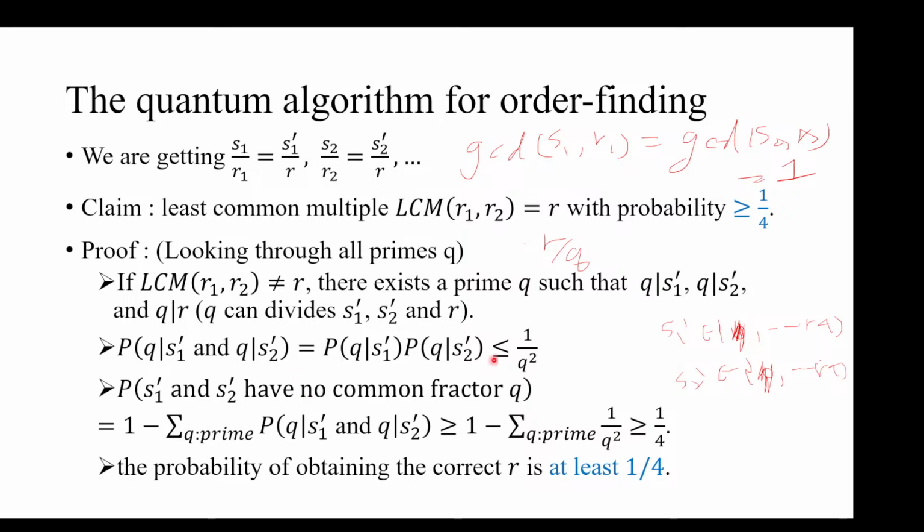And then we already proved that this probability is less than 1 over q squared, so that's less than the summation over q being all the primes of 1 over q squared. And then you can, instead of summing over all primes, just sum over all integers q from 2 to infinity, and then you can bound this thing with 1 over 4.